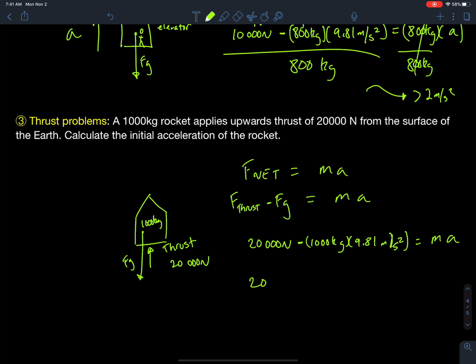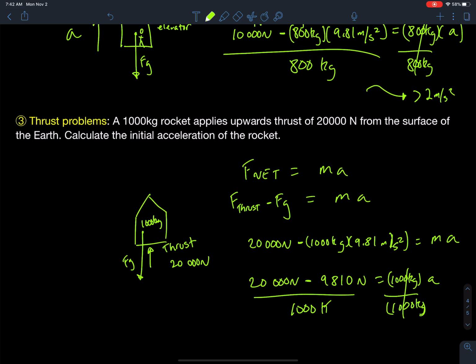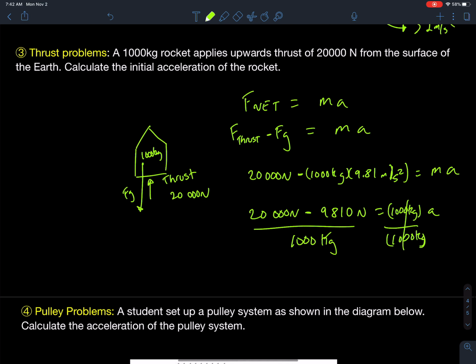So 20,000 newtons minus 9,810 newtons is equal to 1,000 kilograms times a. So that should be roughly 10 meters per second squared.